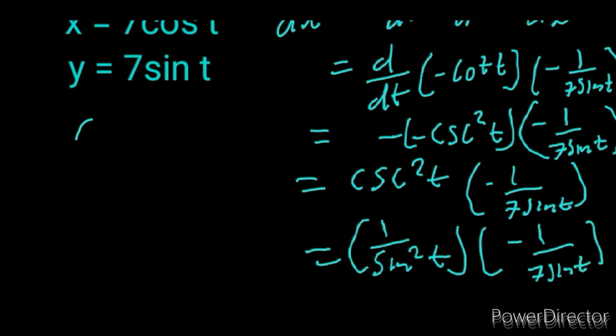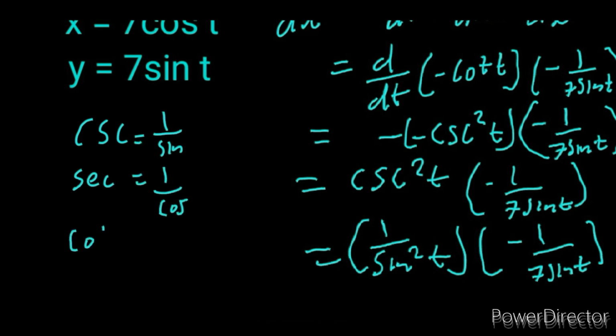So always remember that cosec is 1 over sine, sec is the inverse of cos, and cot is the inverse of tan. These are basics to memorize.